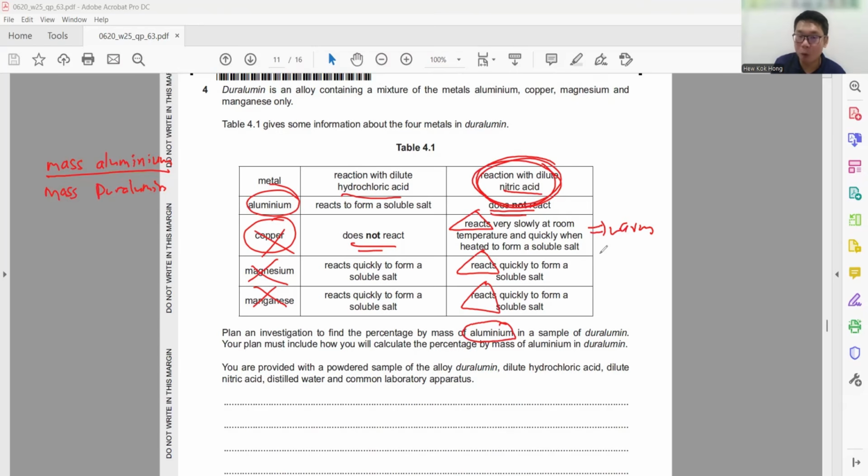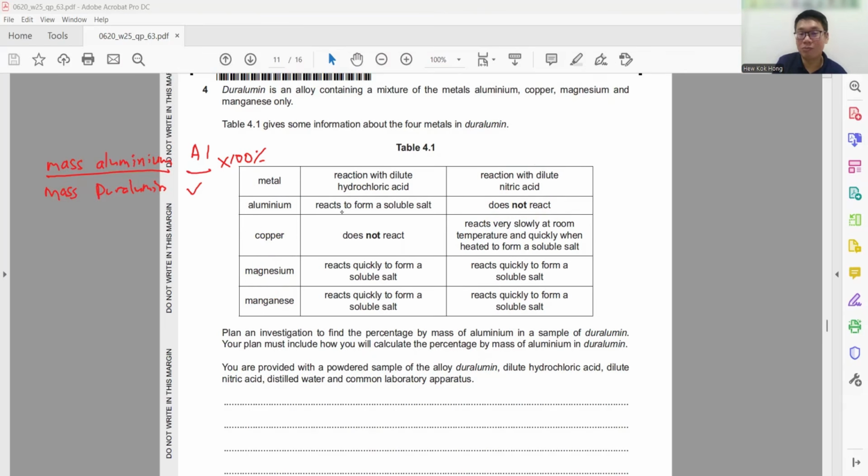So we need to warm the reaction so that at last only aluminium is left. Then we filter it. Then we rinse it to ensure we remove any other contaminant or any other substance, so only aluminium is left. Then we can measure the mass of aluminium. And the mass of duralumin we already have at the beginning, we times 100%. Then we know the percentage of aluminium.